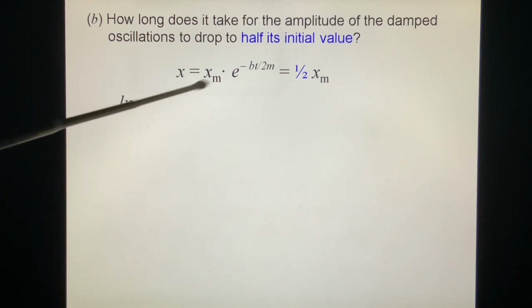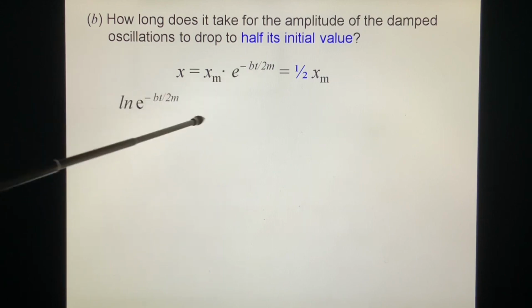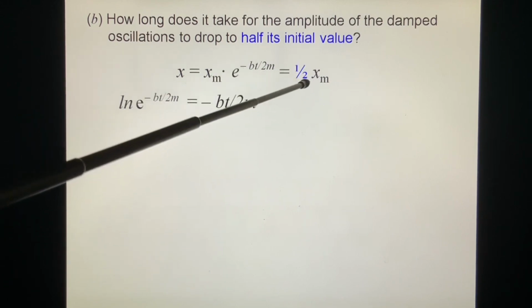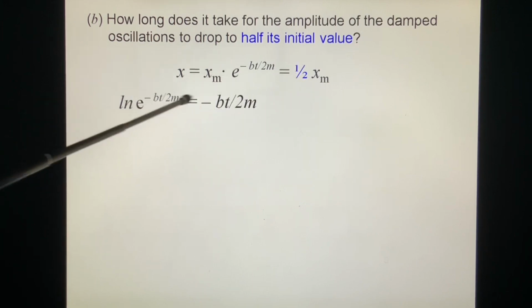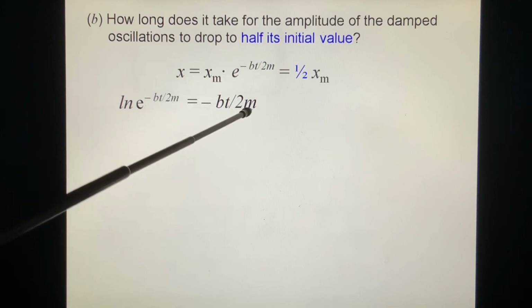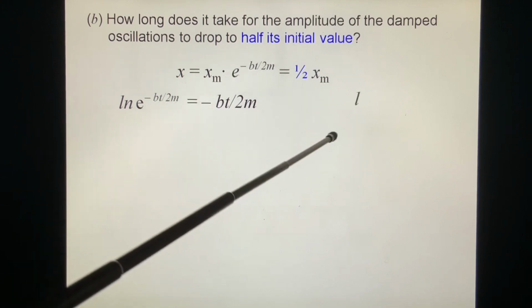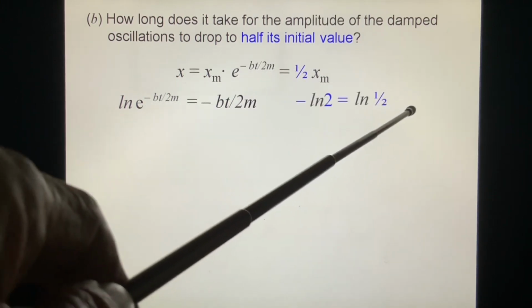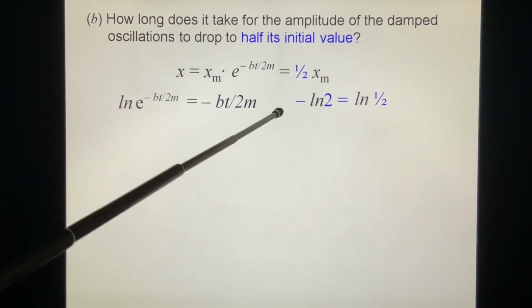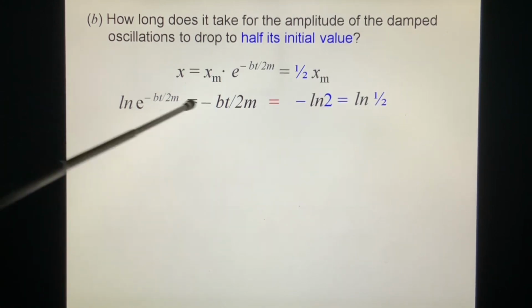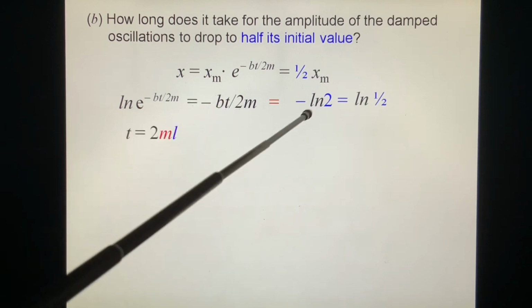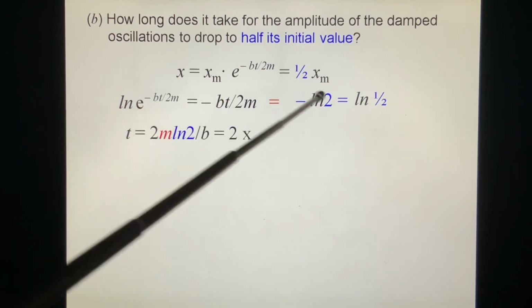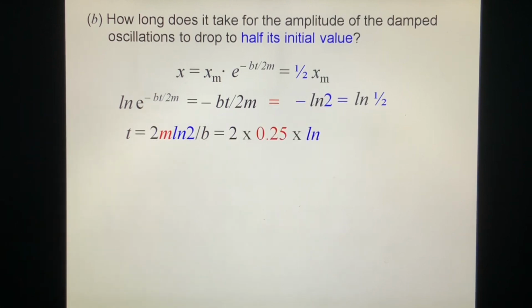So log of this equals log of half, which is minus log 2. This side we get minus bt over 2m. They are equal, then you find t equals 2m log 2 over b. We find the answer.